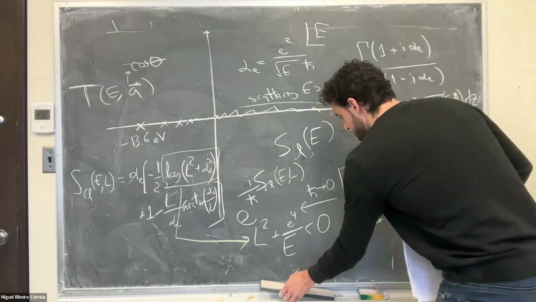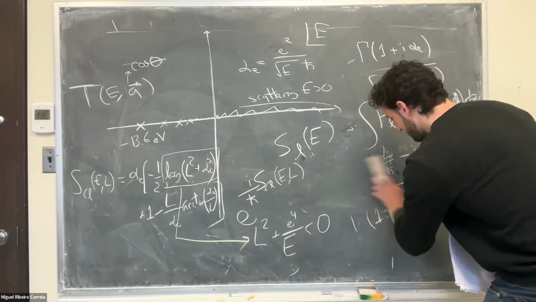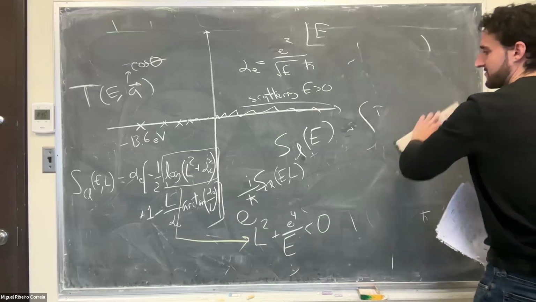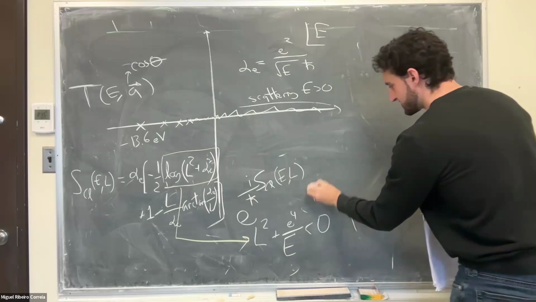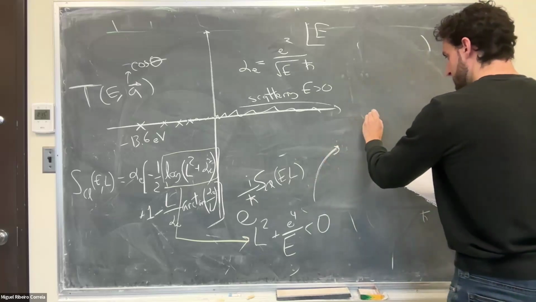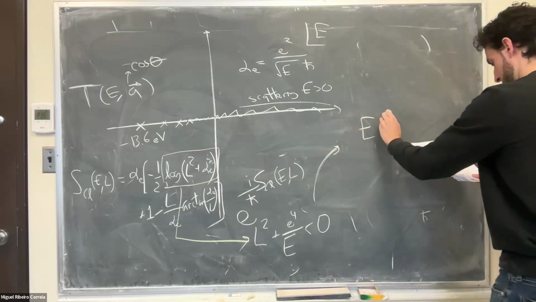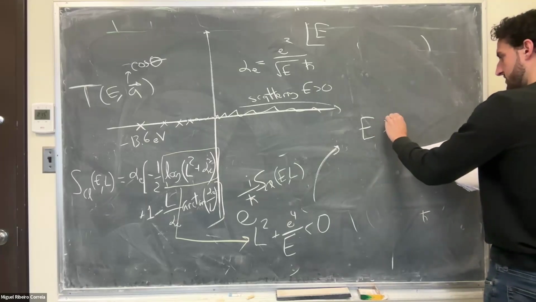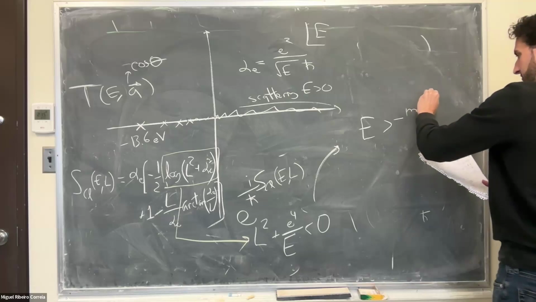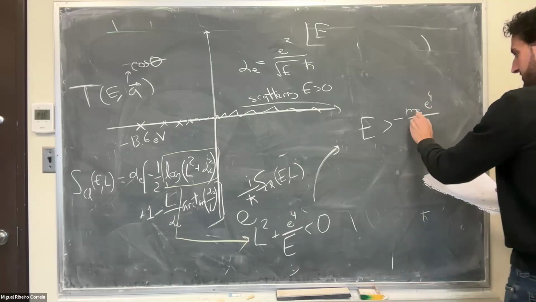So if I solve for this, it's a bit messy, the blackboard, I try to fix it. When you solve for this relation, it tells you that the energy is bigger than minus m e to the 4 over L squared.